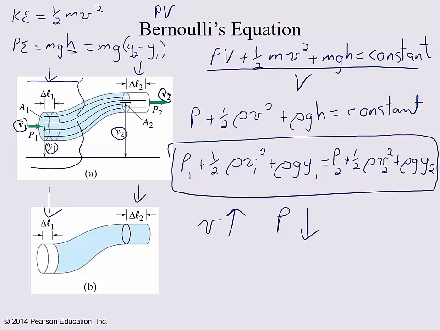And that, along with what we had talked about in the previous screen, that as the pipe gets wider, the fluid flows more slowly, gives us a really good understanding of how fluids work in pipes and in areas of pipes. So let's take a look at some applications of where we would use Bernoulli's equation, or Bernoulli's principle, that as the velocity goes up, the pressure goes down.